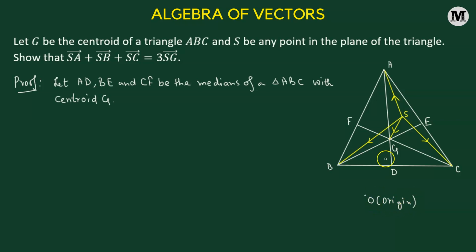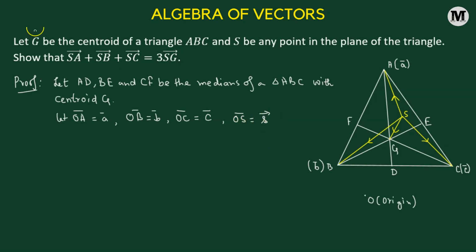Now with respect to this origin O, we can define the position vector of the vertex A as vector A. Suppose that the position vector of vertex B is vector B and the position vector of vertex C is vector C. That means let vector OA be equal to vector A, vector OB be equal to vector B, and vector OC be equal to vector C. And we'll also consider the position vector of the point S to be denoted by the vector S.